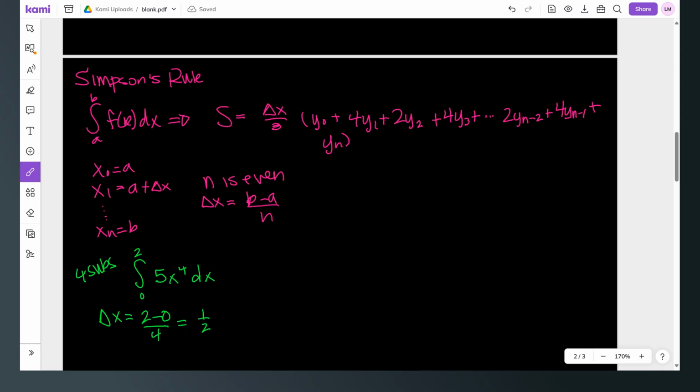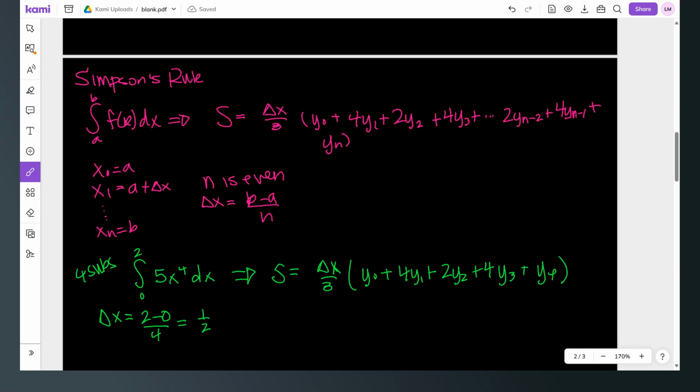Right, so Simpson's rule for this would be delta x over 3 and then y sub 0 plus 4y sub 1 plus 2y sub 2 plus 4y sub 3 plus y sub 4.